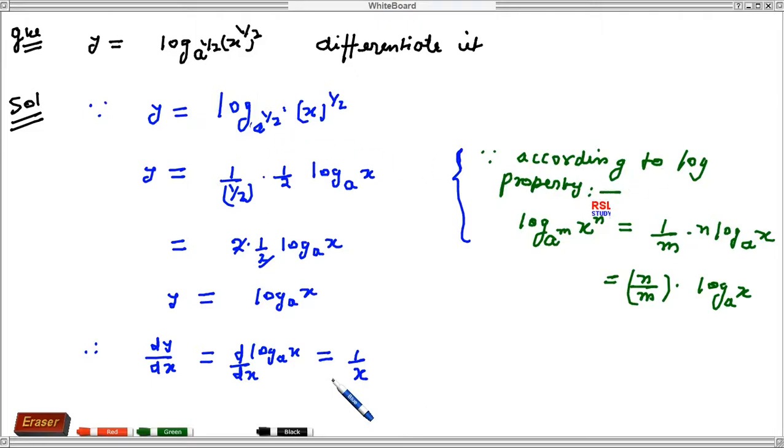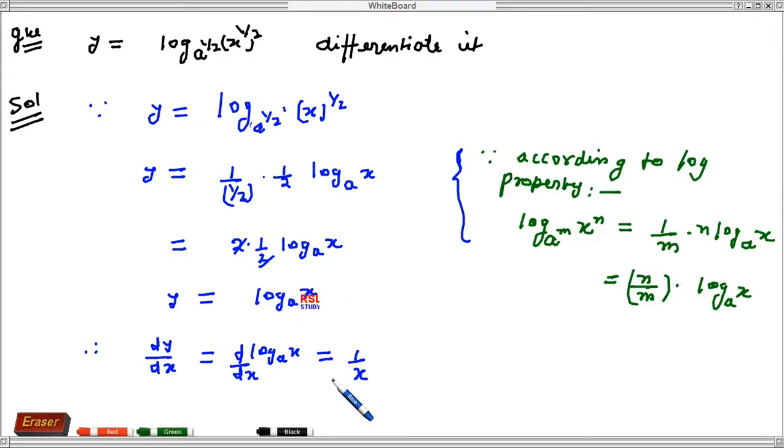According to the log property, if there is a base a with power m, and here is n, then this will come as 1 by m and this will come as only n. So n by m will be the multiplicative factor of log x base a. Similarly we will do here by following this rule, and after solving we will get y equal to log x base a.